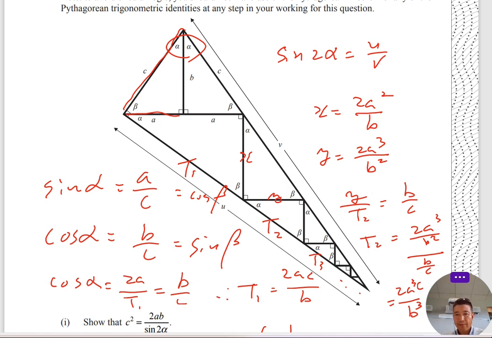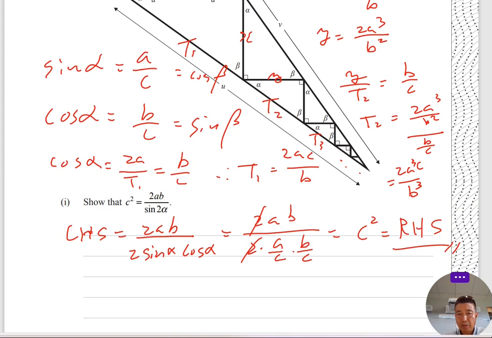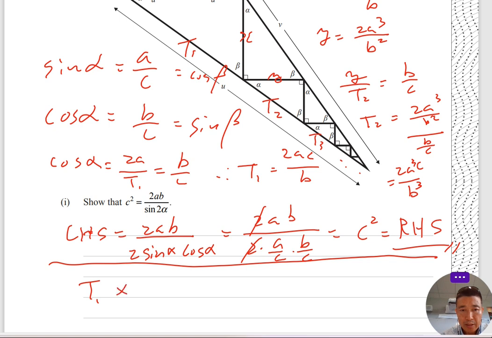So now we can find the r because we have T1 and T2, right? That was the answer for question 1. So T1 is this, T2 is that. T1 times r equals T2, isn't it?